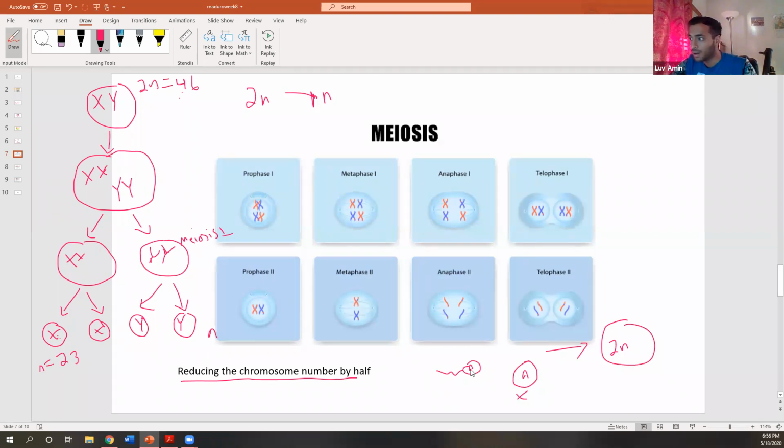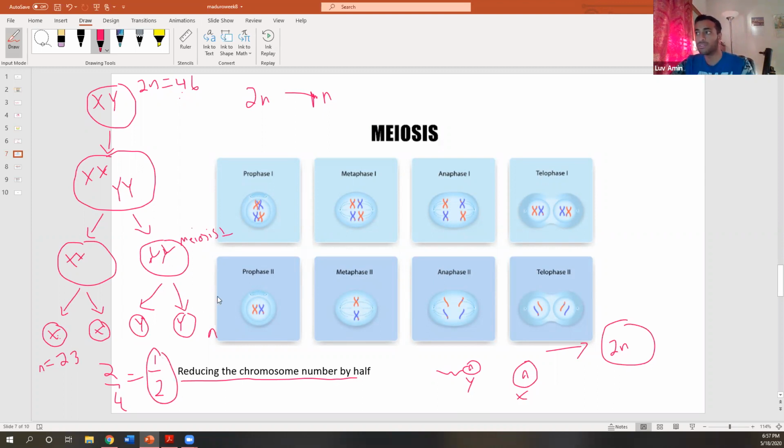A male, and it can join with an X egg and make a male, right? So that's why they say you have a 50-50 chance of getting a male or a female, right? Because there's a 2 out of 4 chance of being X or a 2 out of 4 chance of being Y, right, in your sperm cell, and you'll have 1/2 probability, right?